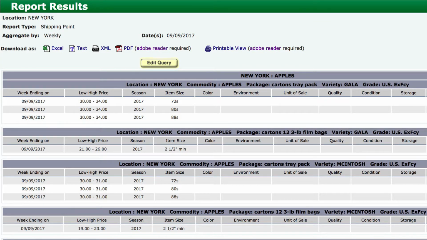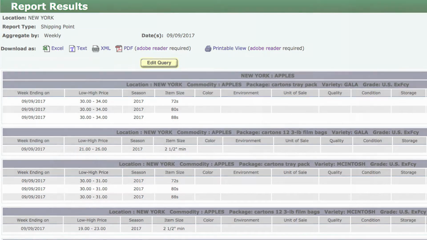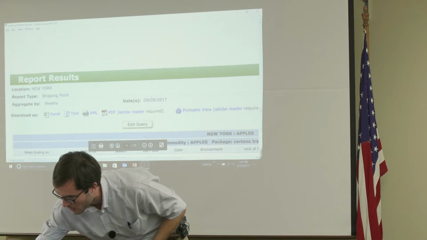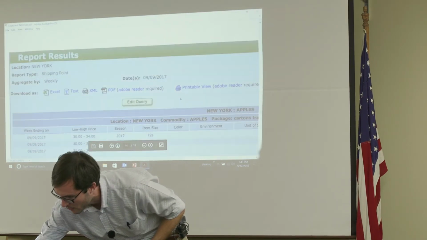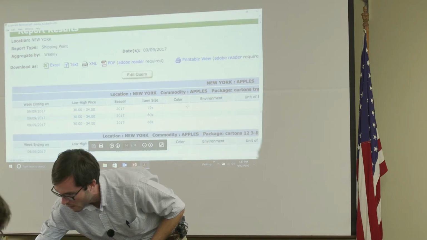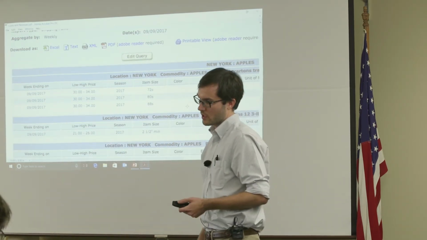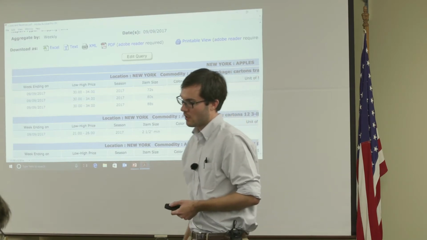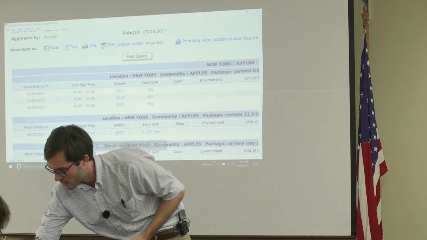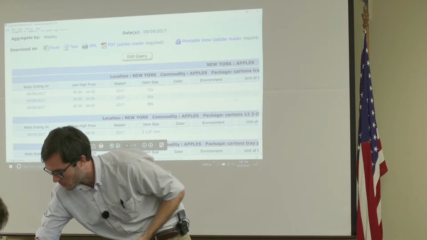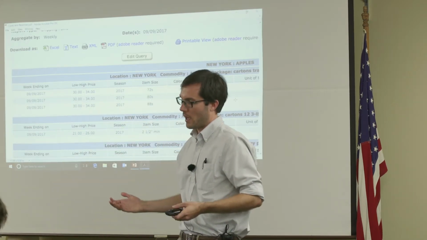data looks like. And again, you have to zoom in to see it better. But these are prices paid for New York apples last week in New York. I think on the right side of the screen, it says these are Gala apples. It shows the different sizes and what type of package it's in. And specialists, people who are really in the know, would know how many pounds of apples this is.